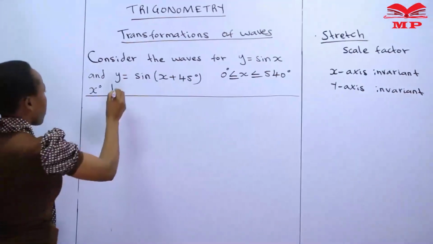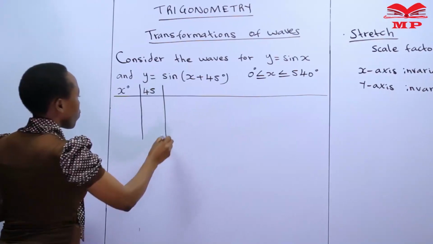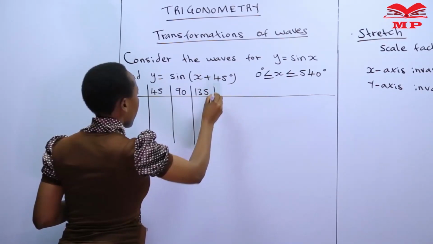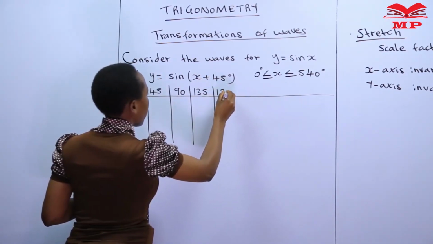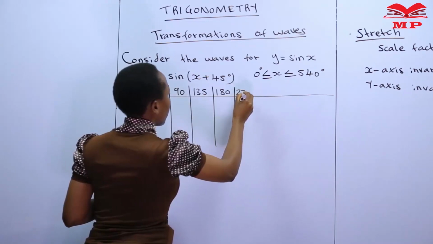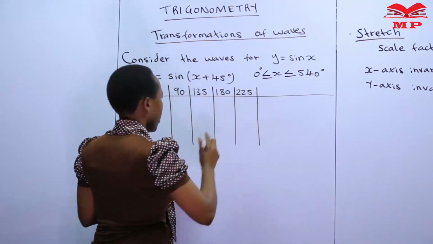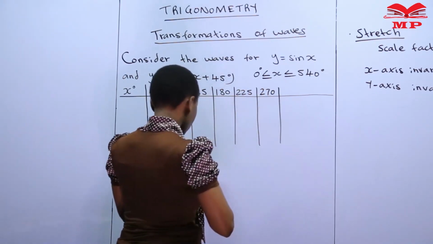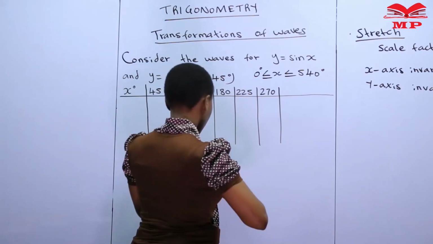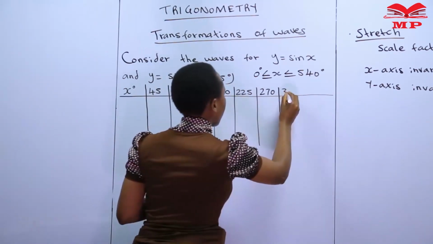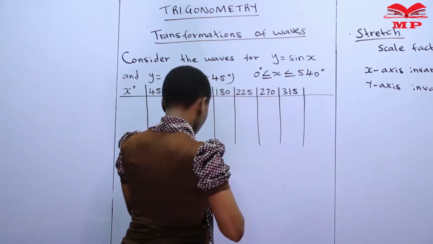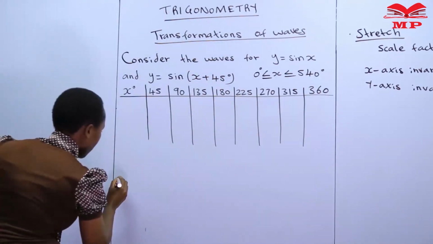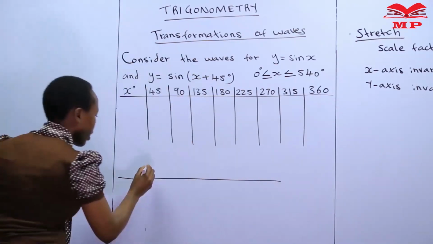So we can start with 45, then we move on to 90, we move on to 135, then we move on to 180, 225, plus 45, we get 270, we add 45, we get 315, again plus 45, we get 360, then we can move on up to 540.